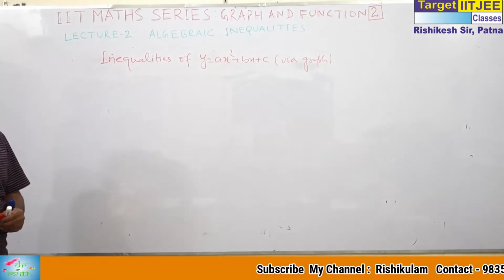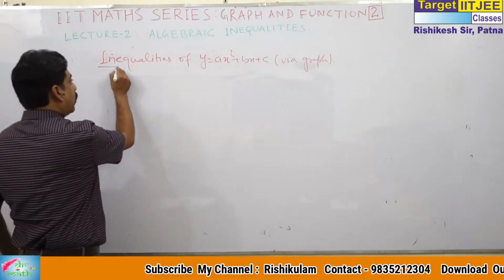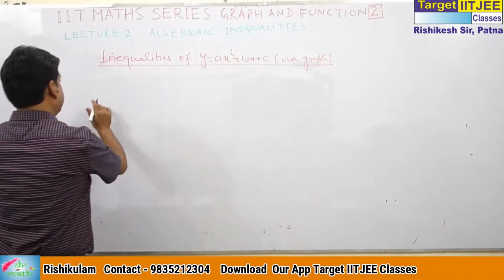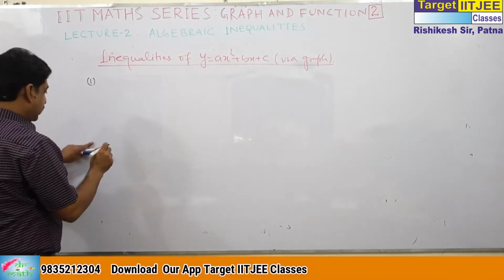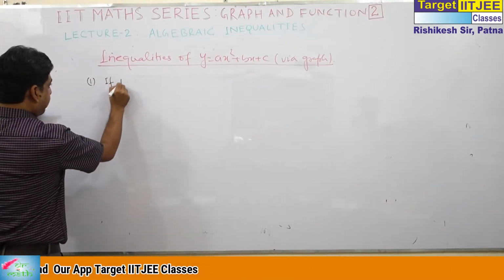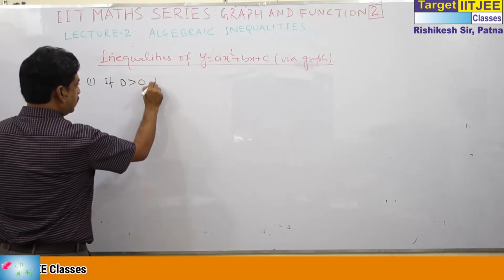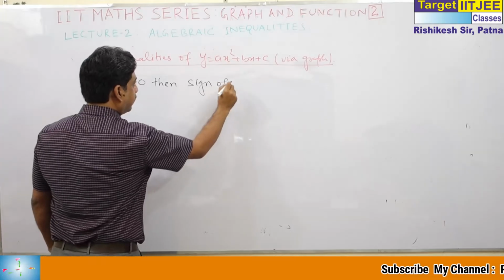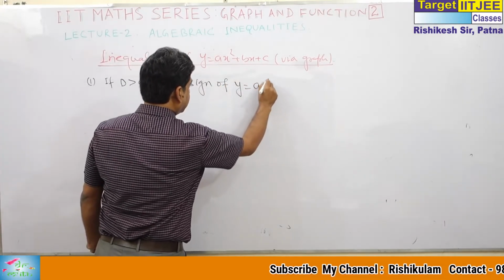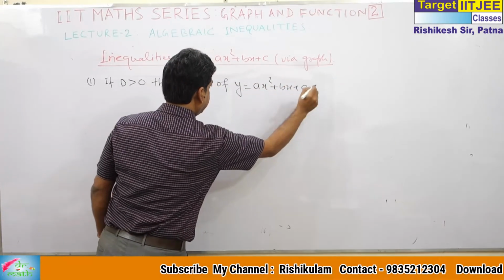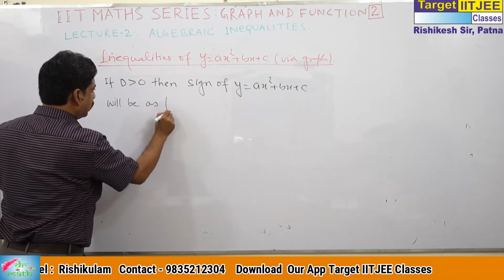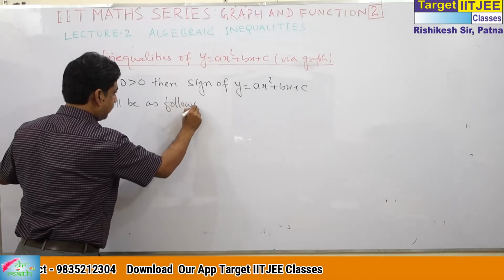There are three cases. What are they? See, first, if D greater than 0, then sign of y is equal to ax square plus bx plus c will be as follows.